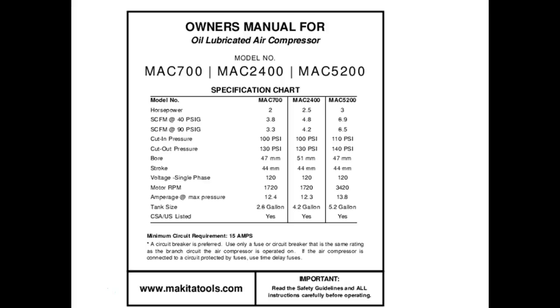So notice at 40 PSI, we got 3 different models. Let's just look at the model 70 on the left. It could give us 3.8 at 40 PSI, and 90 PSI, notice it goes what? The flow rate goes down. Cut in pressure, cut out pressure. So this compressor would maintain, inside its tank, a pressure between 130 and 100 PSI.